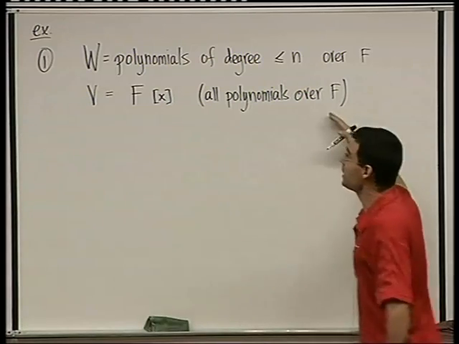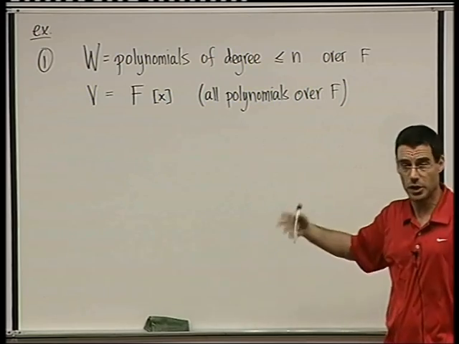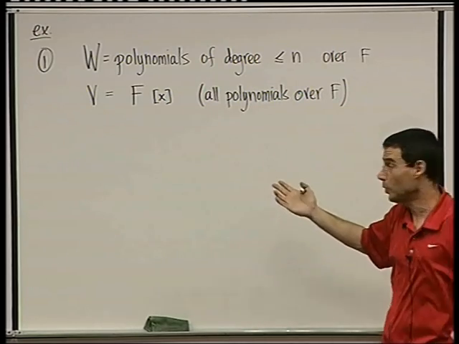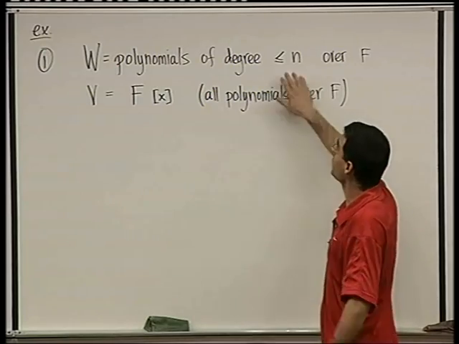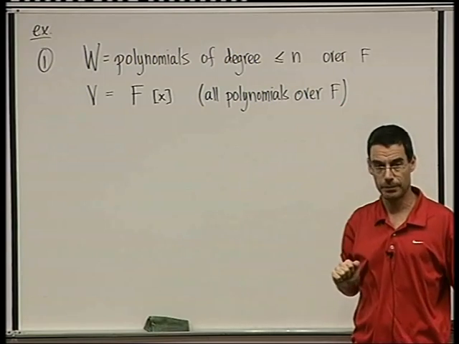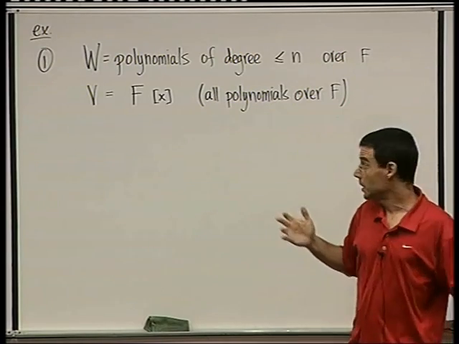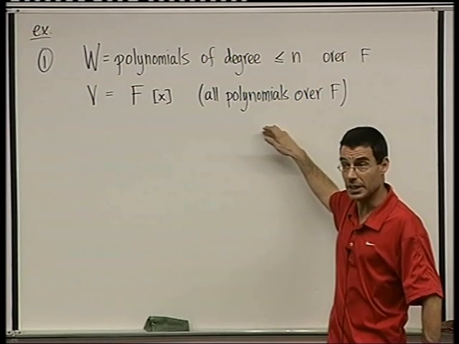So we already said that if you look at all the polynomials, they form a vector space with respect to addition of functions, addition of polynomials, and multiplying by a scalar. Okay? Now you take only the polynomials of degree less than or equal to, let's say, 7. Are they, first of all, contained in all the polynomials? Obviously, yes.